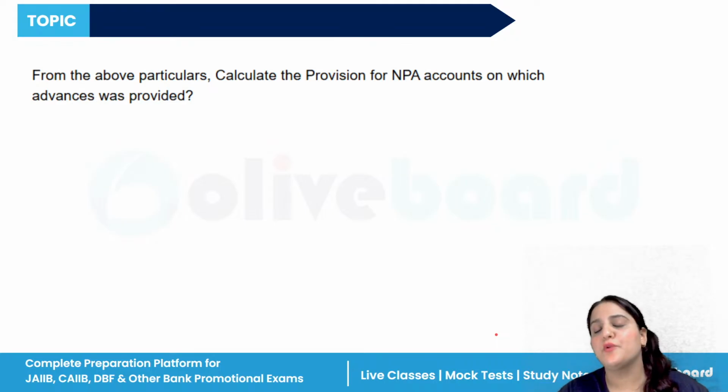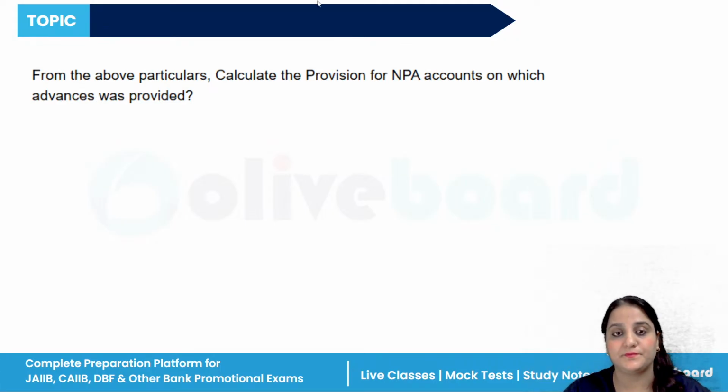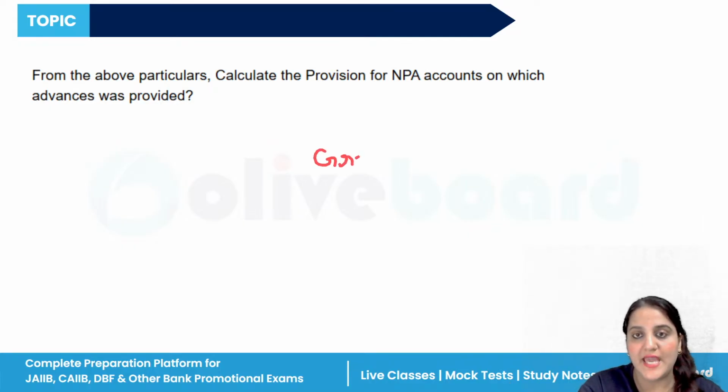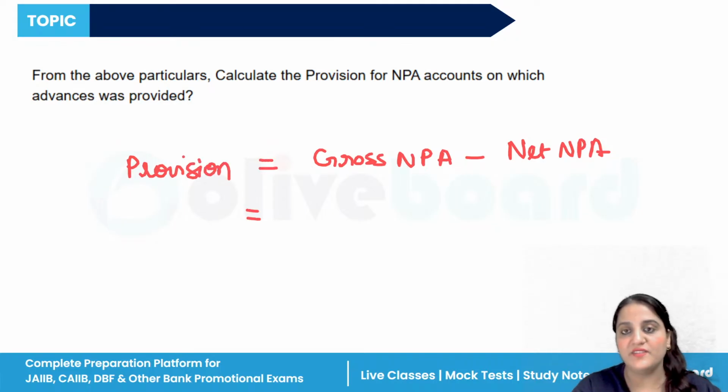Now we have to calculate the provision for the NPA account for which advance was provided. Provision for NPA: just deduct the net NPA from gross NPA. So gross NPA minus net NPA is equal to provision. What is gross NPA?